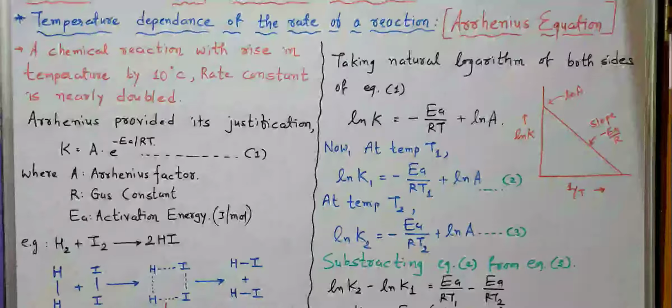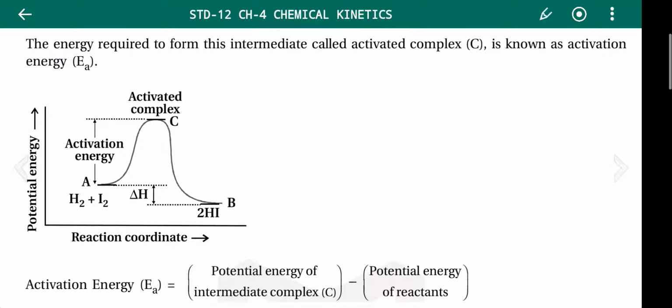After this graph, you have to add some other detail with a second graph of activated complex. I will show you that graph in this theory. See, the energy required to form this intermediate, called activated complex C, is known as activation energy. So you have to draw this graph, potential energy versus reaction coordinates.